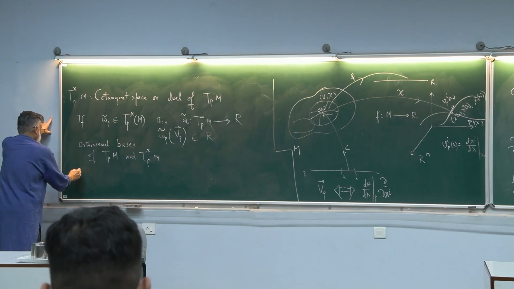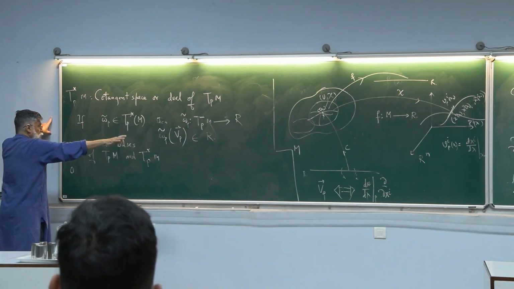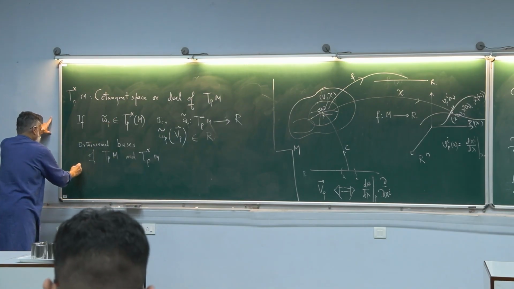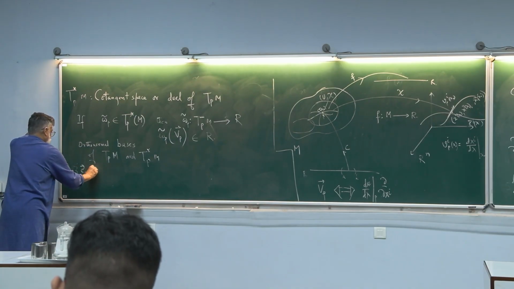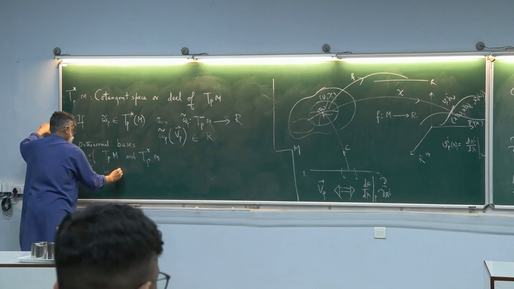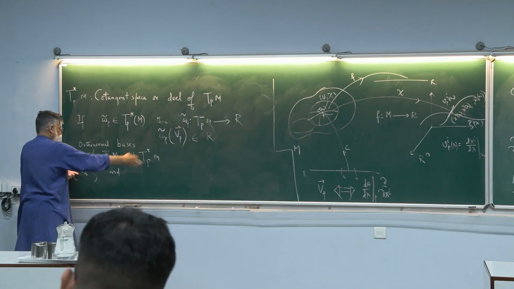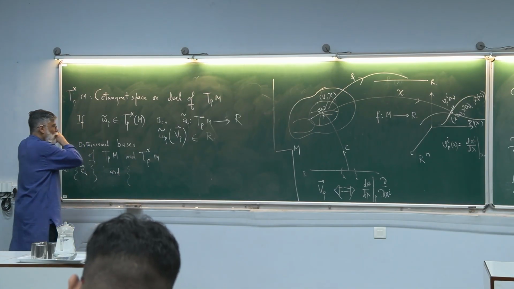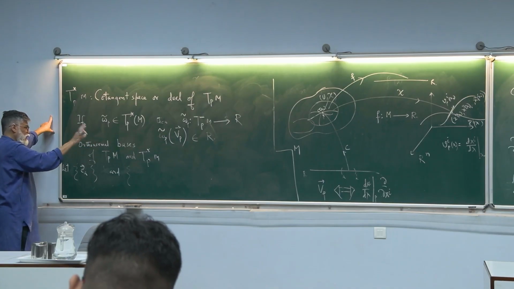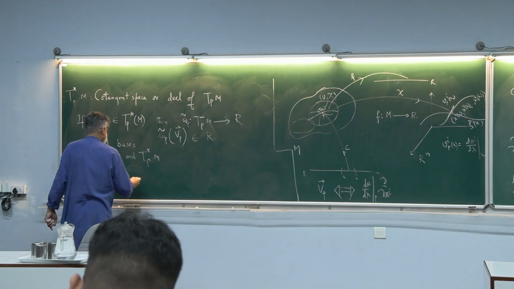Just like E_A are the abstract basis vectors, now I am going to consider orthonormal bases both for TPM as well as T star M. So, let E_A be an orthonormal basis, remember it is a set, A going from 1 to n, and another set E tilde B. By the way, now I will not write P, but remember we are all talking about a given point P, so I will suppress the index.